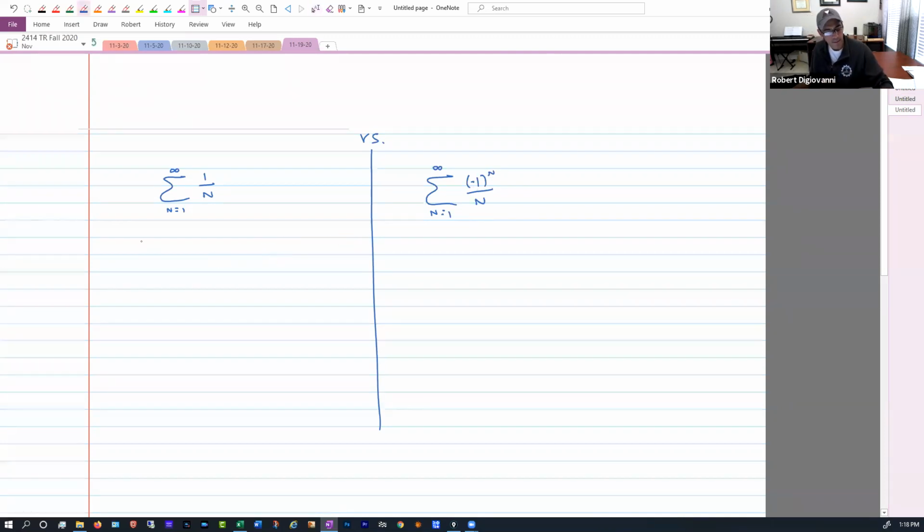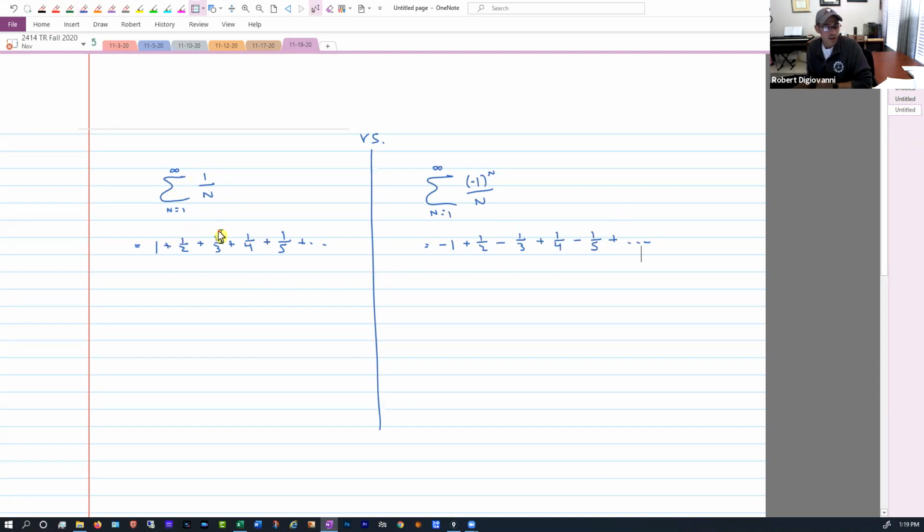The one on the left is just 1 plus a half plus a third plus a fourth plus a fifth plus dot dot dot. The one on the right is -1 plus a half minus a third plus a fourth minus a fifth plus dot dot dot. So there's a difference between these two, right?